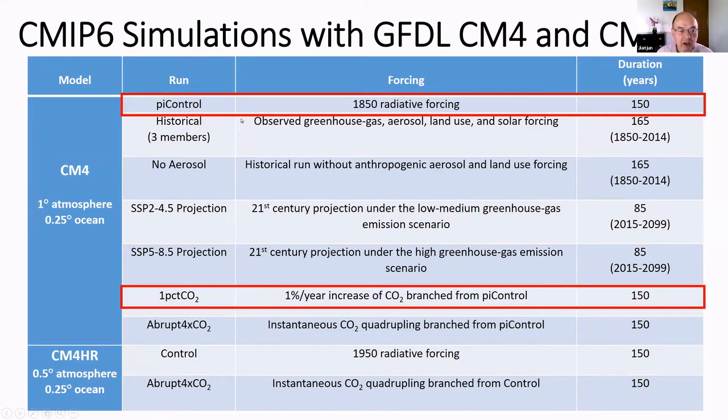In this talk, I will focus on the control simulation of CM4 and also the 1% CO2 simulation of CM4. The results from other experiments are qualitatively similar to the 1% CO2 simulation, and the magnitude of the change increases with the increase of external forcing.